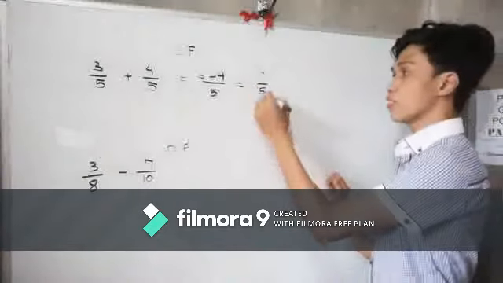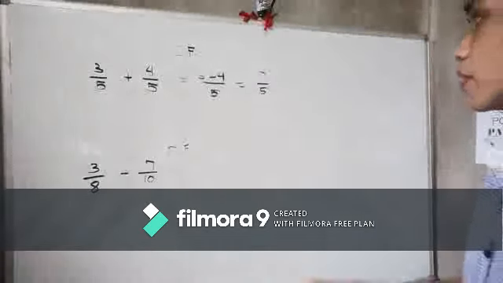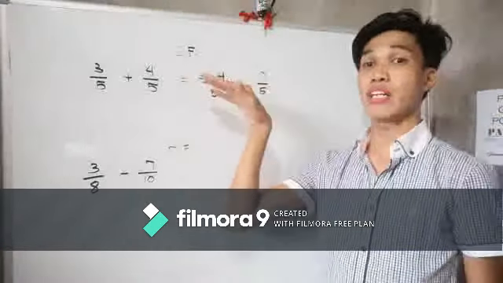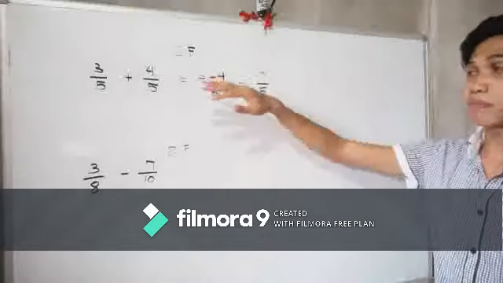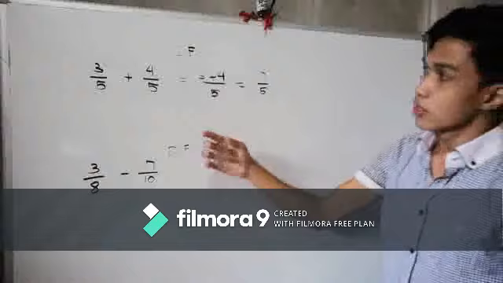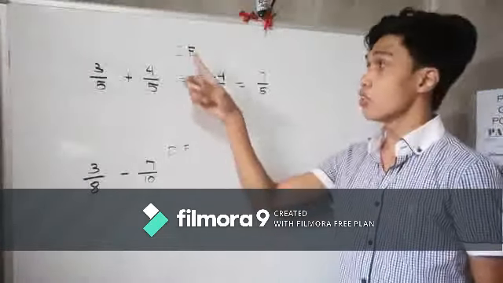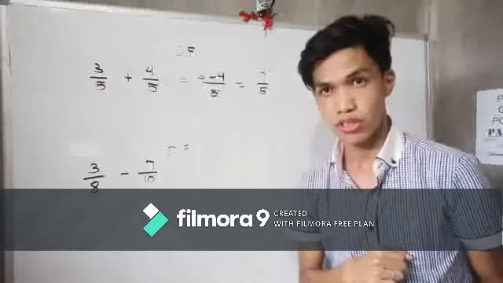So the final answer will be 7 over 5. That will be for similar fractions. Again, this method is applicable only to similar fractions.